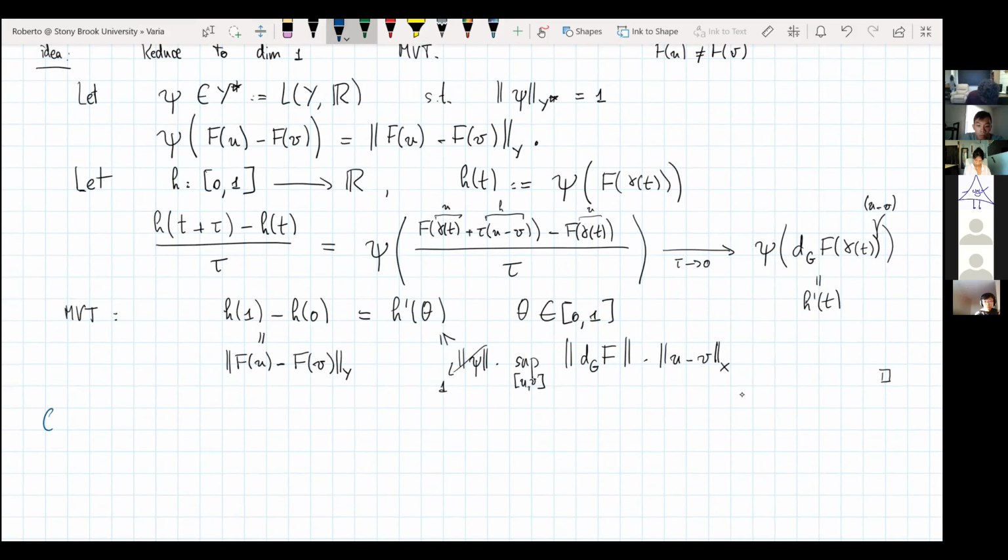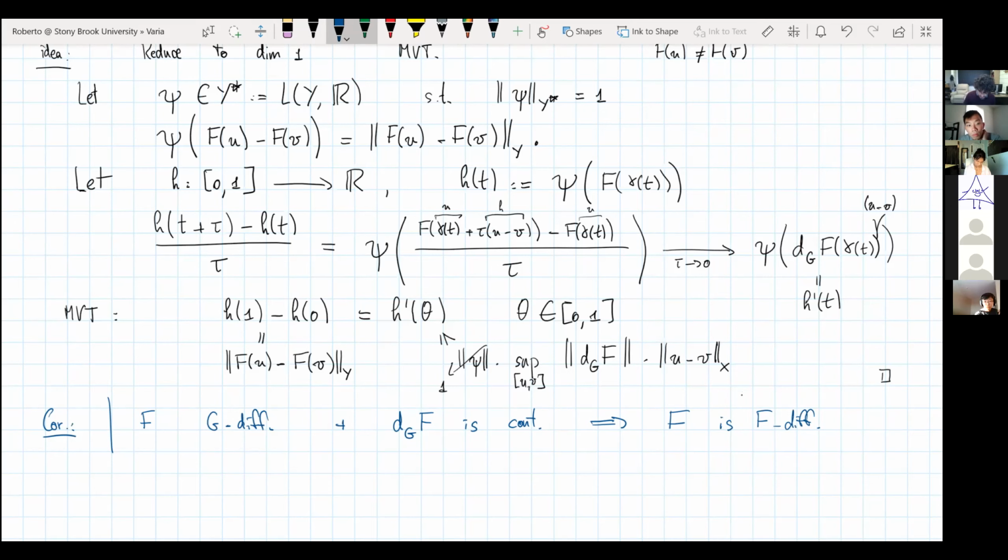So a corollary of this is that if f is Gateaux differentiable, and we also know that the Gateaux differential is continuous, then f is Fréchet differentiable. And of course, the Fréchet differential and the Gateaux differential coincide.